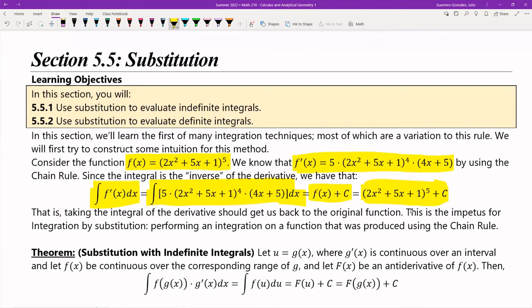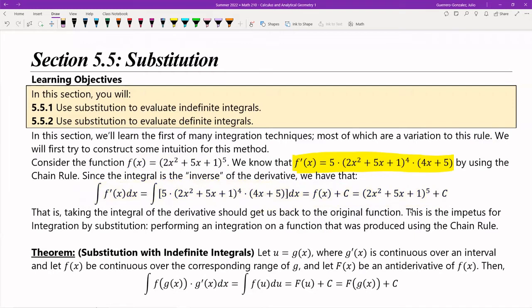So what I want everybody to see is that we got this derivative using the chain rule, and we were able to integrate and get the original function back. Got it?